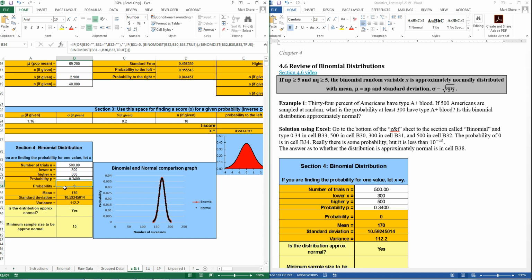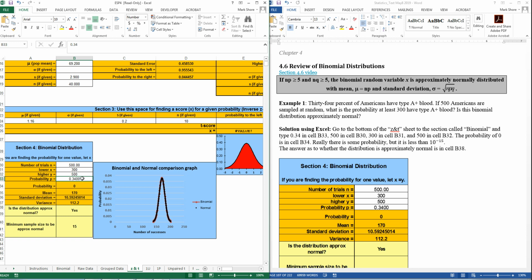So your answer is actually 0. If this statement is true that 34% of Americans have type A blood, then the probability that 300 or more of the 500 people have type A blood is basically no chance at all. When you think about this, how many would you expect to have type A blood?